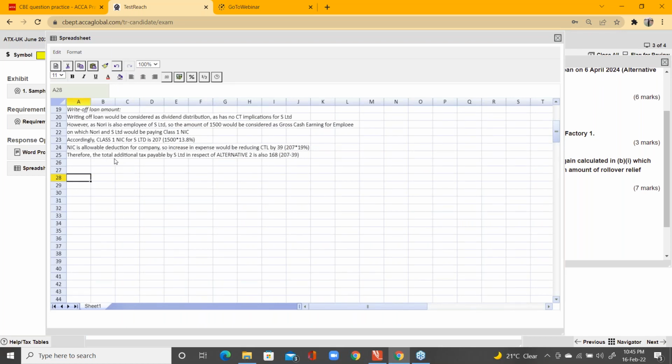Very easy to calculate. Under B1, we are going to calculate for K Limited. And what we are going to calculate, mark a proper heading: gain on the sale of factory 1.